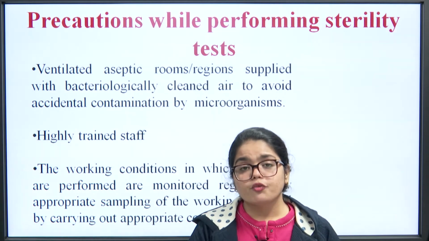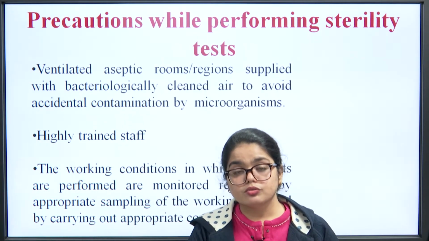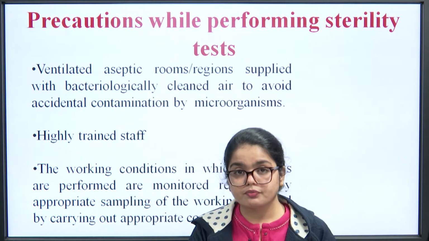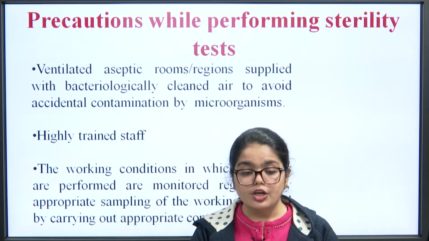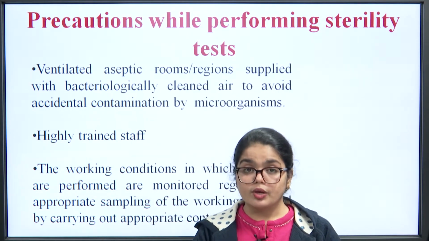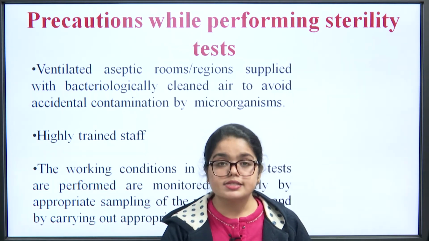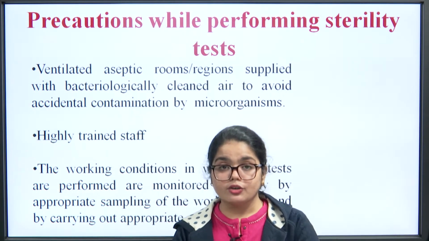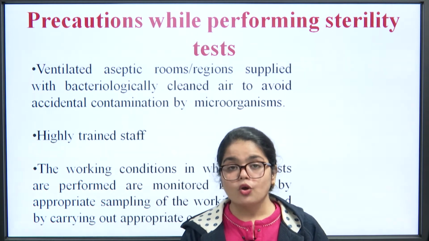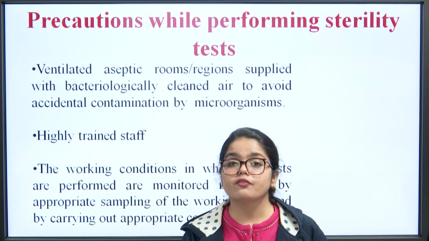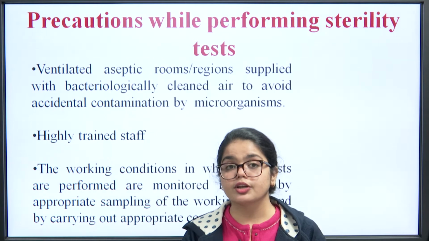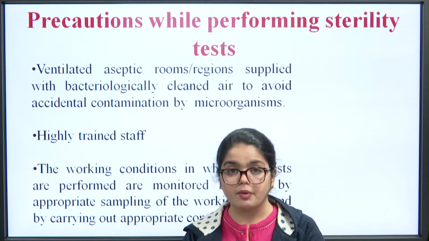Every person moving into the aseptic area goes through 2-3 steps to avoid contamination. Moreover, the air circulated in that area is either bacteriologically treated so that no bacterial contamination is there, or it passes through a HEPA filter so that the dust particles entering that room are minimized.